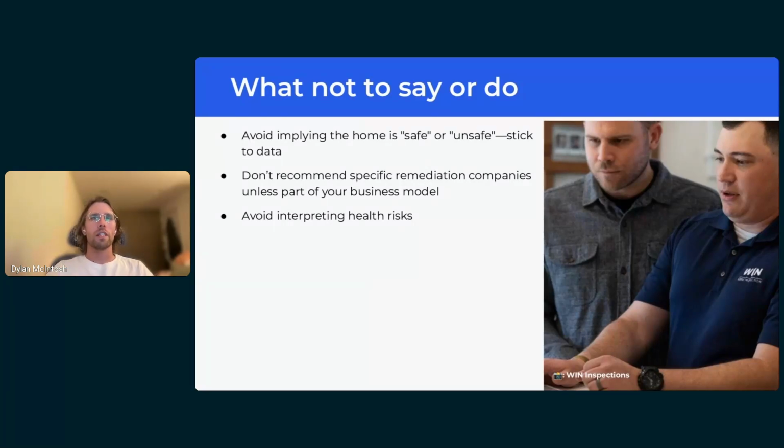It's important to make them understand you're not assessing if a home or area is safe or unsafe or healthy or unhealthy. We're looking to see if there's an impact in the air quality, if there's elevated levels of mold in the air, or if there are visible or identified impacts on building materials.